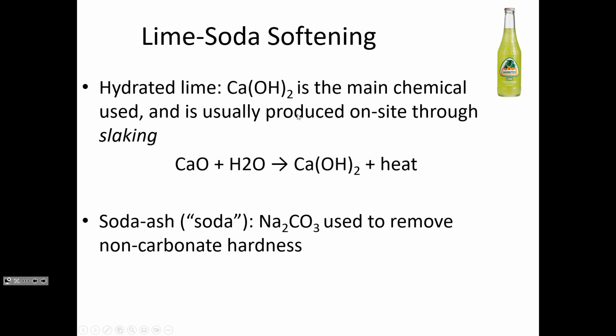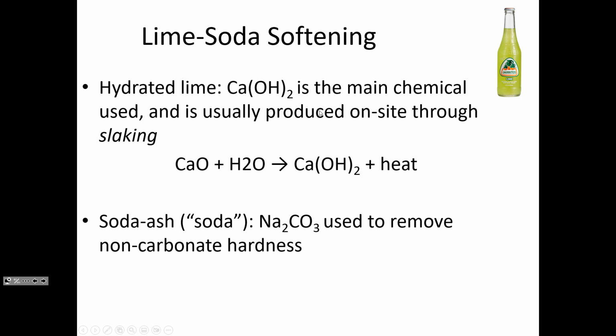Now there are other things that can be used besides lime to increase the pH, but that's why we're using lime. Why this chemical in particular? Because what we're doing is the opposite of what that bacteria in the soil did. The bacteria in the soil generated CO2 and lowered the pH, made the water more acidic.